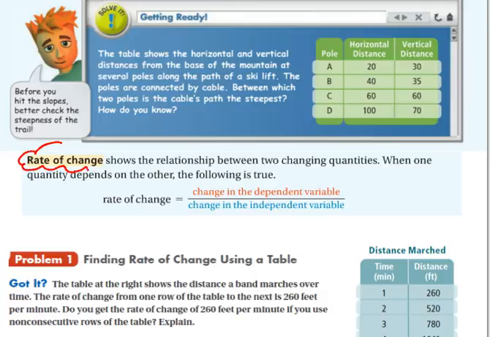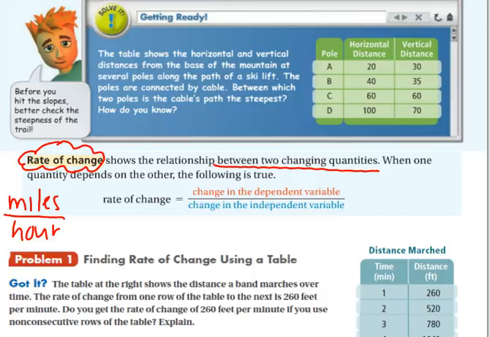Rate of change. Guys, all rate of change is, is the relationship between two changing quantities. So an example you use all the time when you're driving would be miles per hour. That's a rate of change.